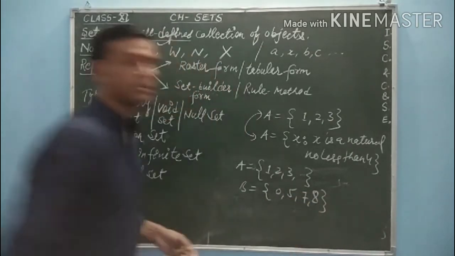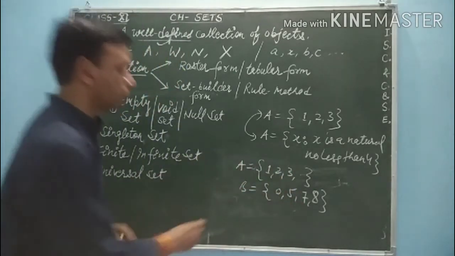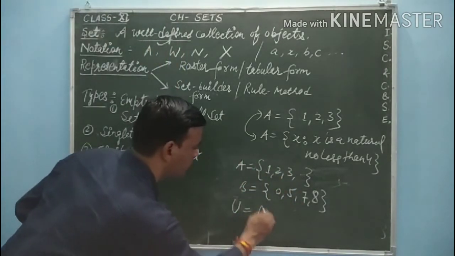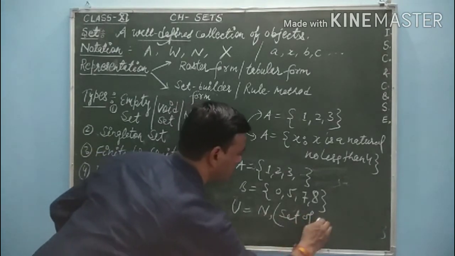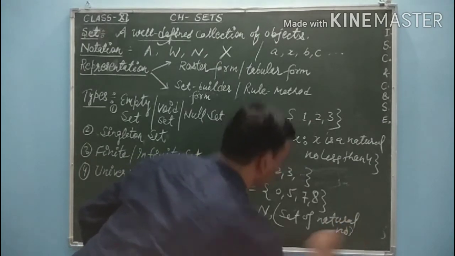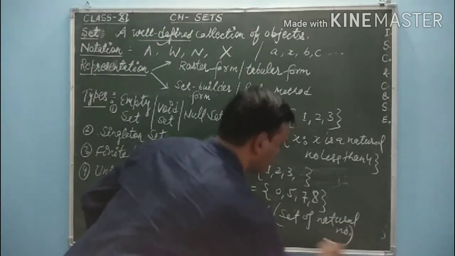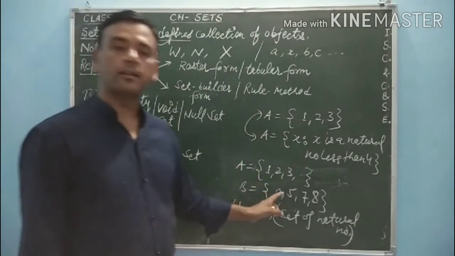If somebody asks you what the universal set is for sets A and B, you can write U = N, the set of natural numbers. See here, in the set of natural numbers, all the elements of sets A and B are there.